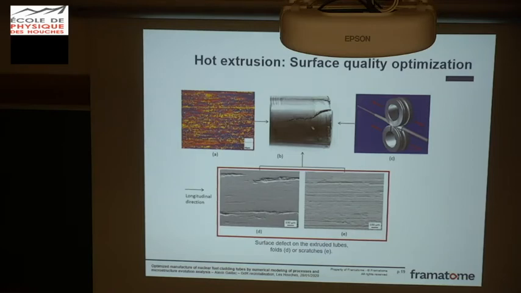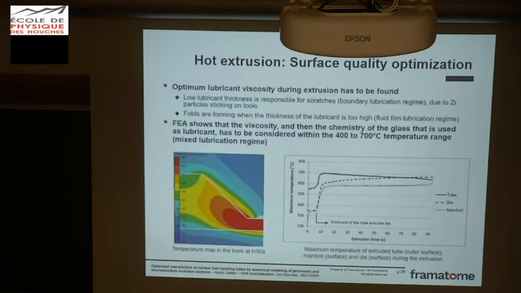I will go faster on this. We also have to improve the surface quality after extrusion. And this is mainly linked to the lubrication process. We know that if we don't have the right lubricant viscosity at the temperature of extrusion, we will have too much or too little lubricant, which will give us scratches if we have low lubricant thickness, or faults if we have too much lubricant.